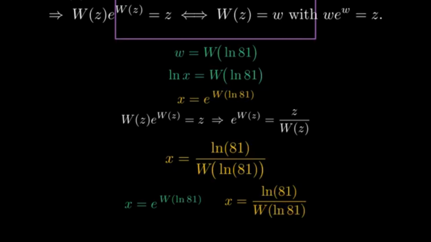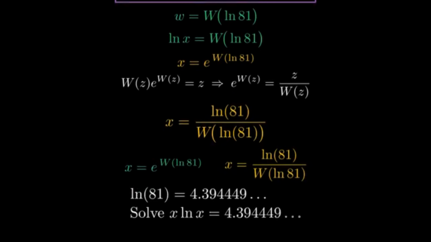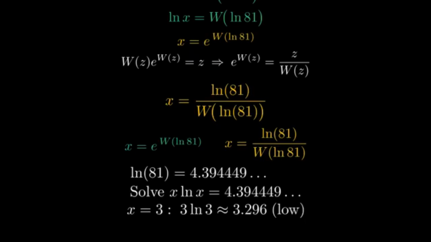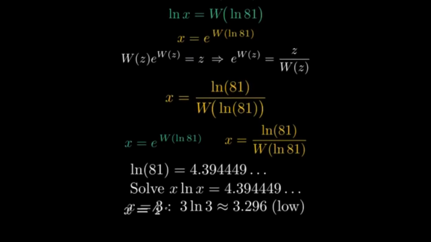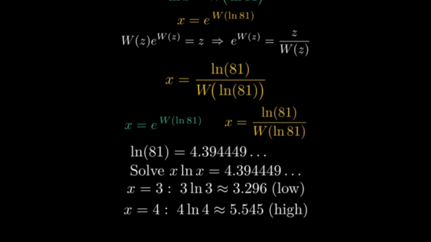Now for a quick numerical sense check. Still without any graphs. The natural log of 81 is 4.394449. We need x times natural log x to equal that. Try x equals 3. 3 times natural log 3 is about 3.29, too small. Try x equals 4. 4 times natural log 4 is about 5.54, too big.